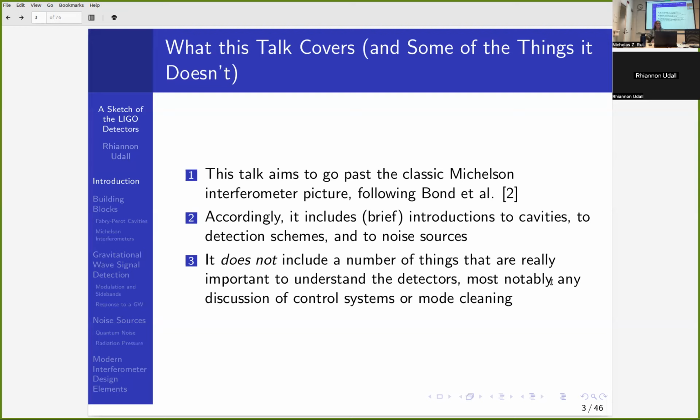So don't take this as all there is. If you want to talk about control systems, just ask Ethan. He'll have fun talking about it. Anyways, and also mode cleaning. So it's all magically about Gaussian beam. Don't ask how. Okay. So with that all said, let's get into it.